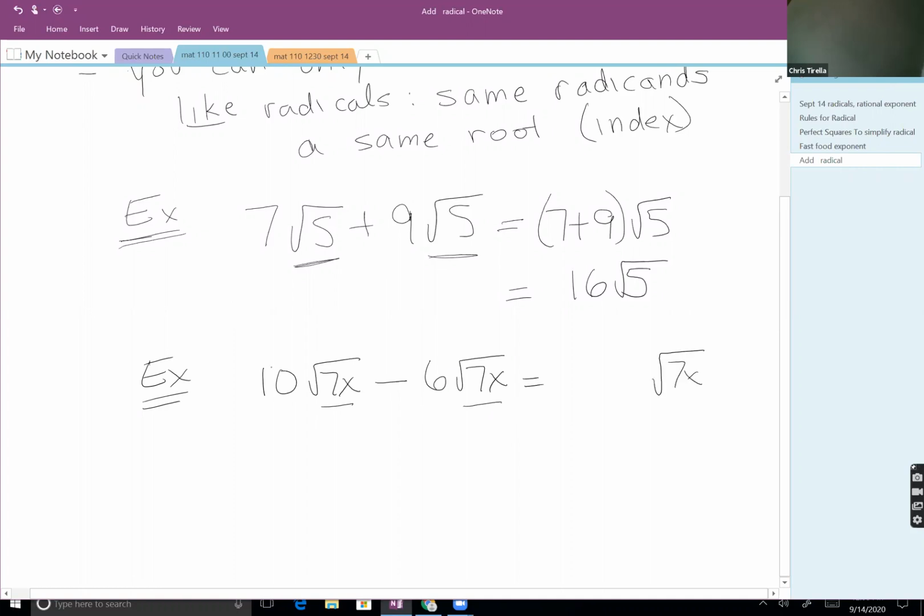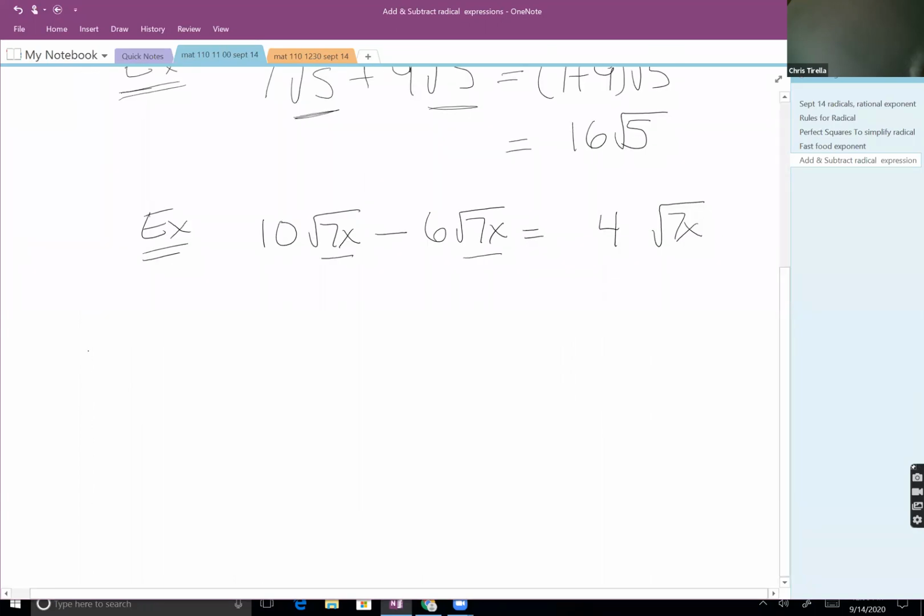And then outside, 10 minus 6 would give me 4. Another example. What if I have 2 radical 3 plus radical 2 plus 5 radical 3?